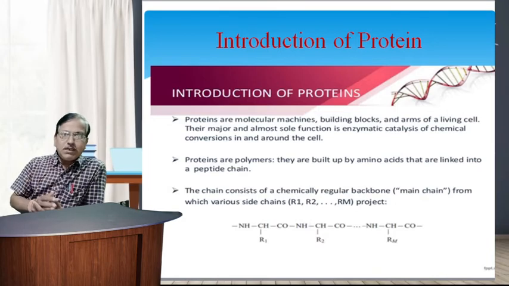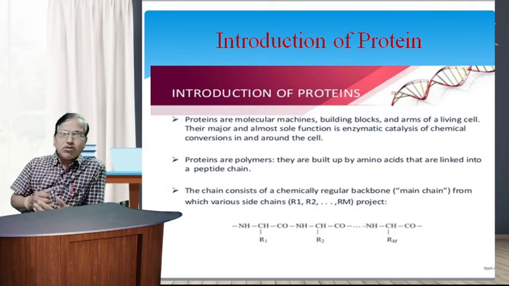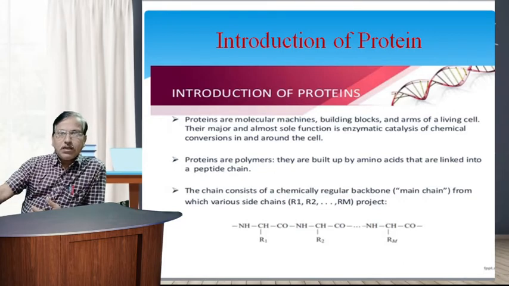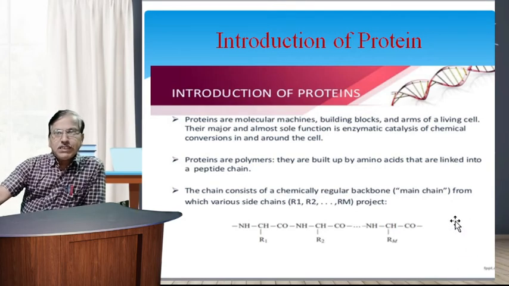Proteins are polymers. They are built of amino acids that are linked into peptide chains. The chain consists of a chemically regular backbone, or main chain, from which various side chains R1, R2, up to Rm project.